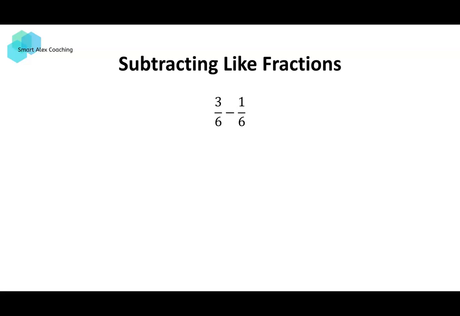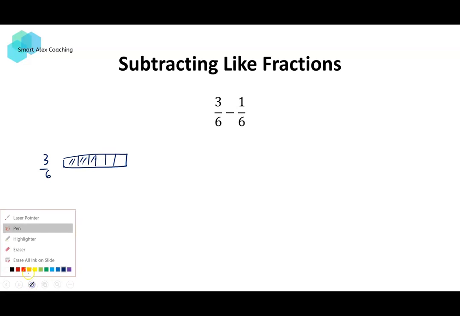Similarly, suppose I want to subtract like fractions, 3/6 take away 1/6. The fraction of 3/6 can be represented using a bar divided into 6 equal parts, with 3 parts being shaded.